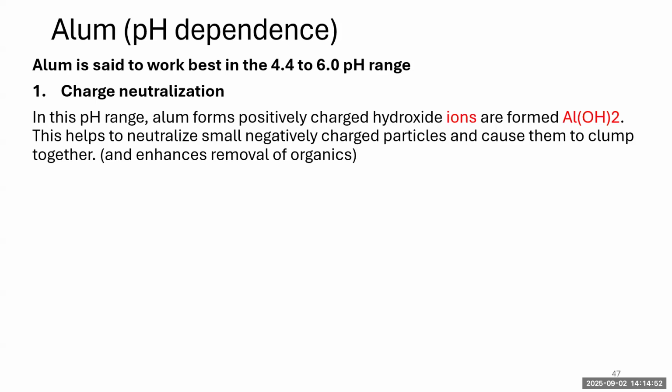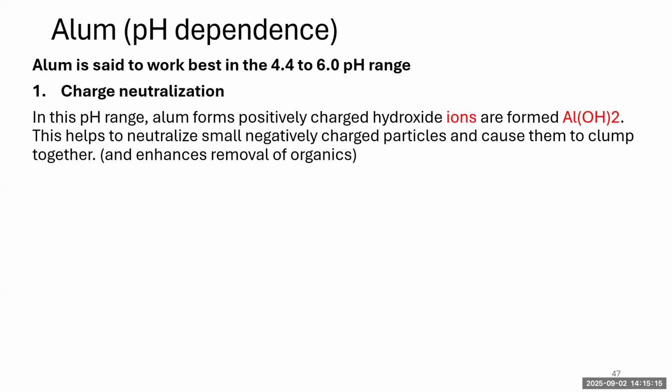And what these are really good at is neutralizing the charge of these small organic particles. So it kind of goes one-to-one and neutralizes the charge and makes them able to be grown as floc and removed.